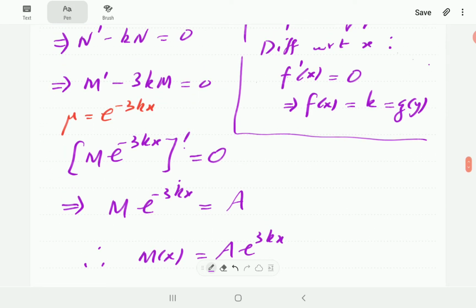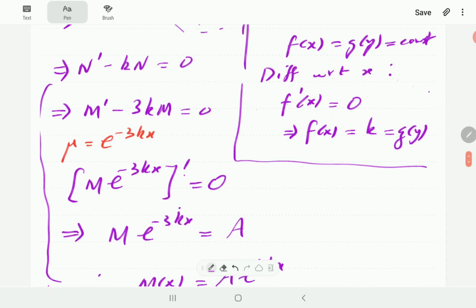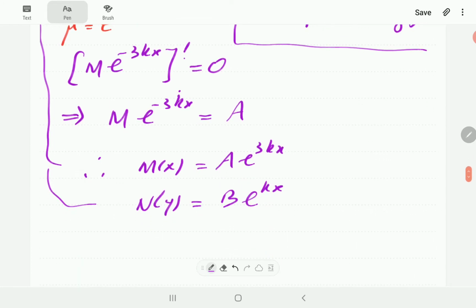Then similarly, from this ODE here, n of y is going to be b times e to the power ky. In that case, notice that these ODEs are the same, except that this one has got a 3 there, this one has got a 1.